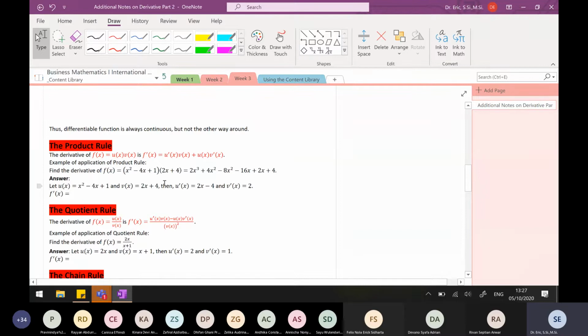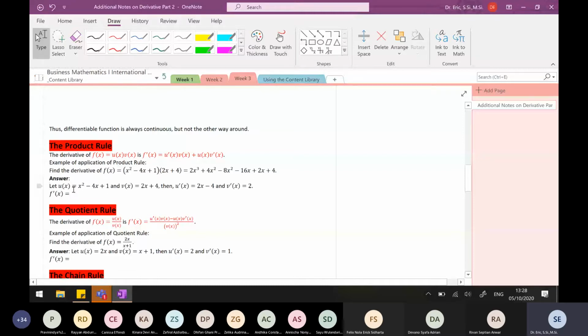I want to find the derivative, so I have to find u prime and v prime. u prime is 2x minus 4. What is v prime? The derivative of the constant 4 is 0, and the derivative of 2x, a linear term, is just the gradient 2, so you have 2.